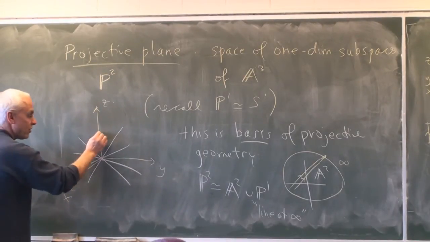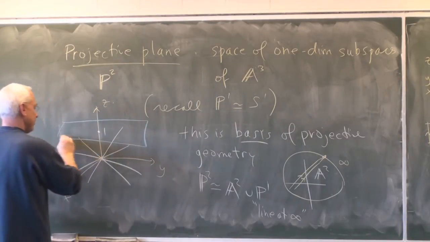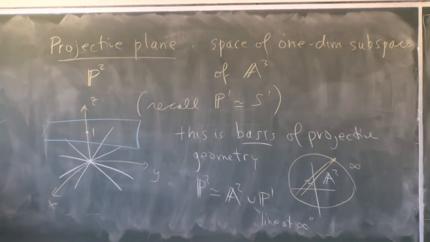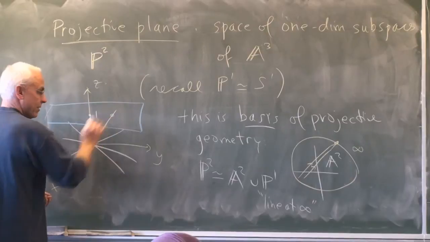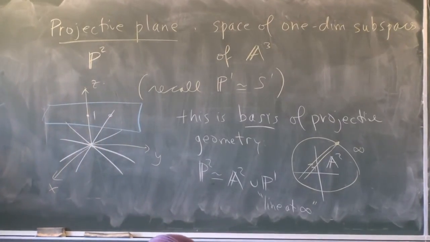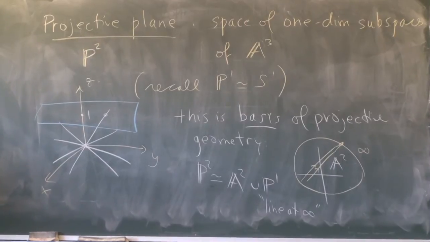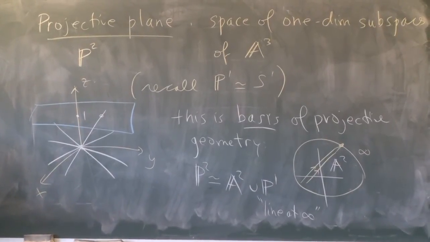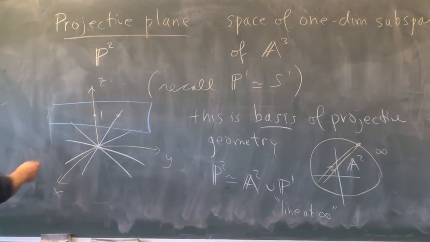The clue is to look at an auxiliary plane. The plane when, say, z equals 1. Every line through the origin will meet that plane z equals 1 at a distinguished point, except for the horizontal lines. The lines which lie in the xy plane themselves.